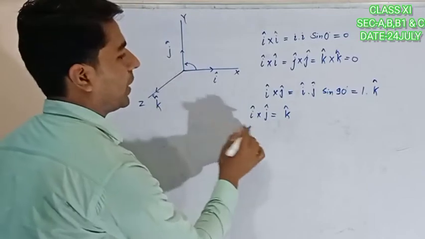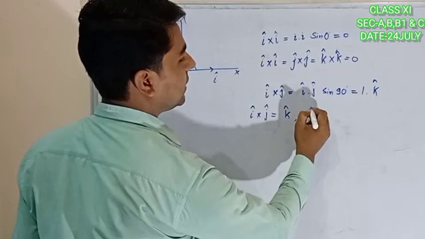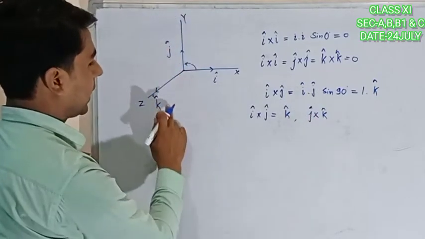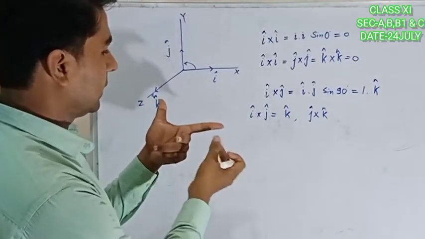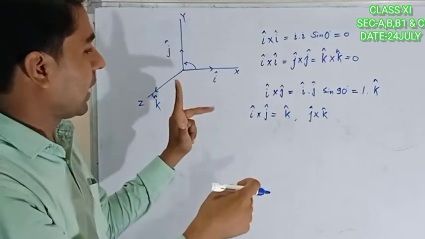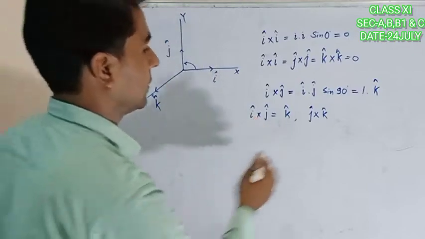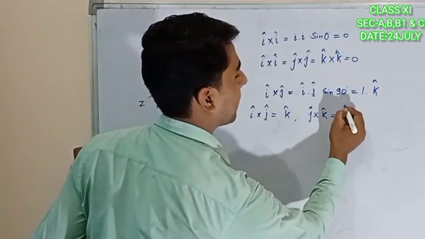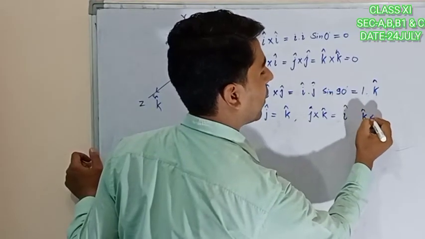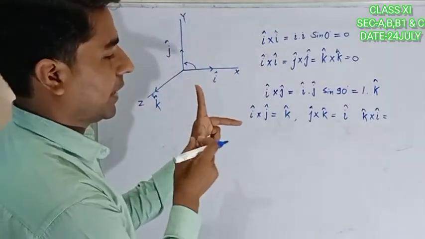Again, instead of i cross j, now I am going to do j cross k, j to k. Now see this one. This is like this. This is i, this is j. So the answer was k. Now j and k are going to multiply, so the answer will be i. In the same way, k cross i. See again, k cross i.